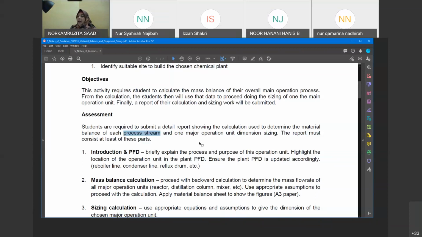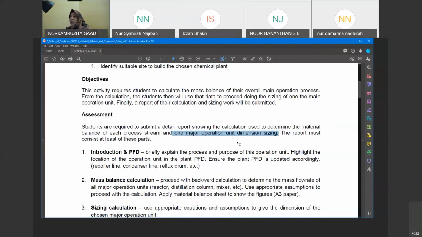Now, when you determine the material balance of each process stream and one major operating unit dimension sizing, this will reflect on what would be the original size of your equipment.